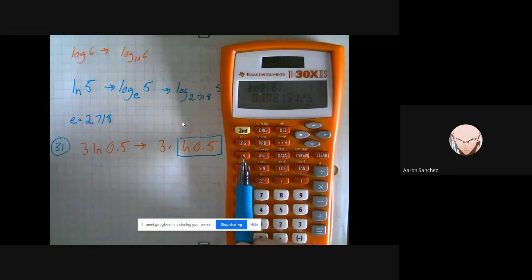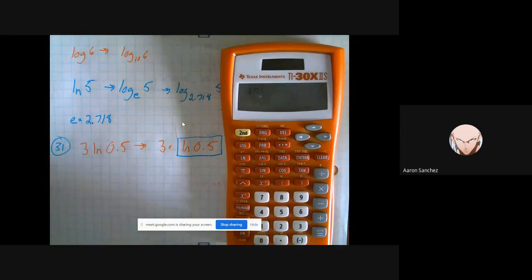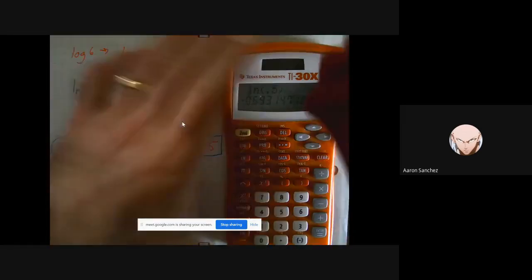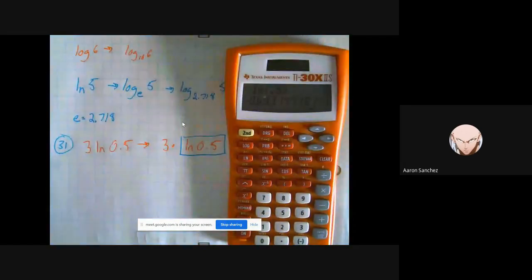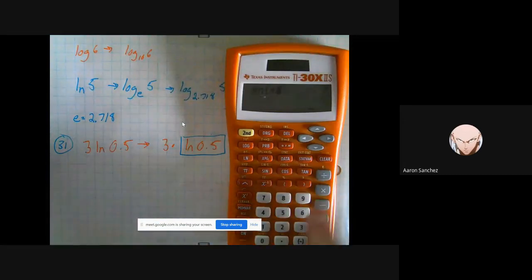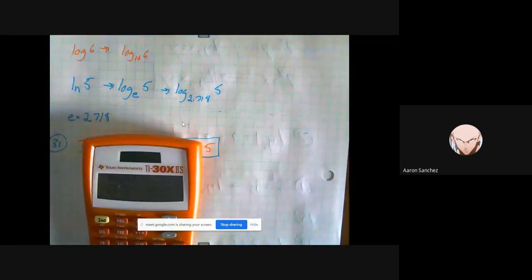So let's find the natural log of 0.5. Then I get negative 0.693. And then we multiply it times 3, and I get negative 2.7944. And that's all you got to do. Just punch it in the calculator.